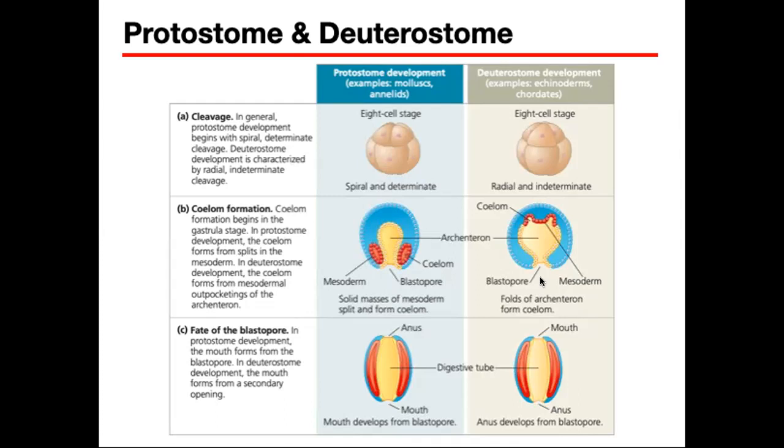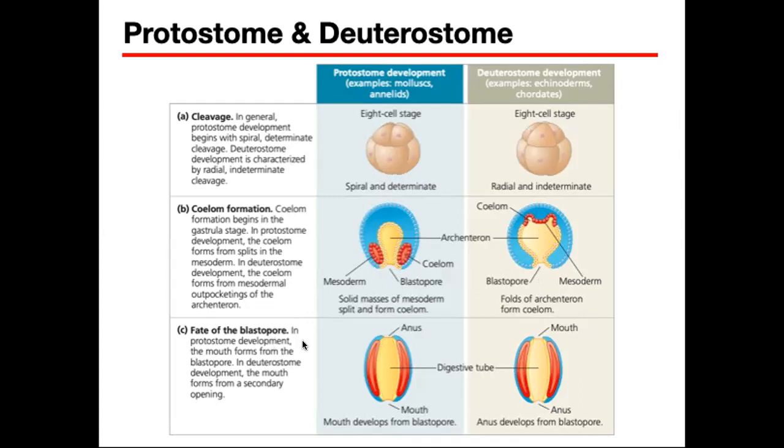In the case of deuterostomes, this will become out pockets. It will form out pockets of the mesoderm of the archenteron. Okay? So if this is the primitive mouth, the archenteron, the coelom would form as these out pockets. And the fate of the blastopore is the last difference.